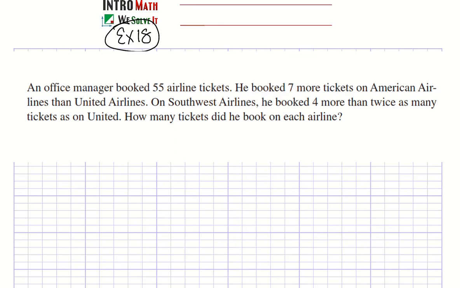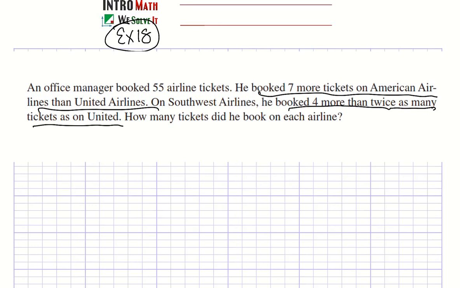That's your cue right there, 7 more American Airlines than United, okay? On Southwest Airlines, he booked 4 more than twice as many tickets as United. Now there are a lot of comparisons going on. Oh, all right, so there are 2 comparisons going on. How many tickets did he book on each airline?